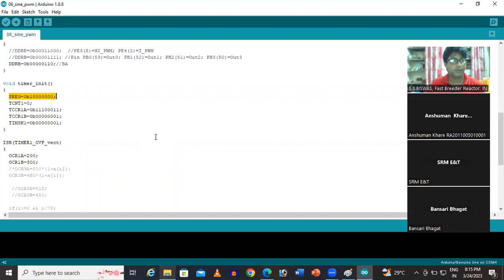Already you know about the status register. The 7th bit of the status register defines the global interrupt enable. Whenever you want to work with any interrupt, definitely the 7th bit of the status register must be made high. That's why it is written as 1.